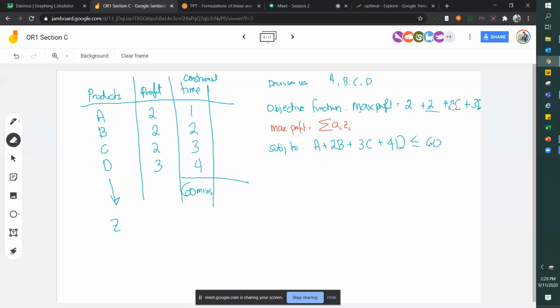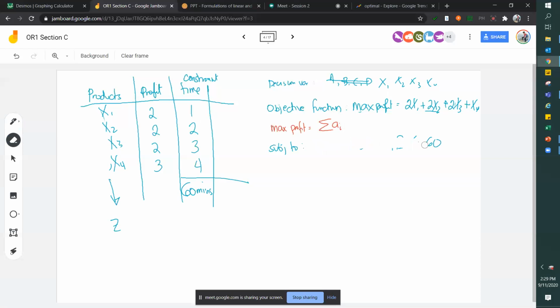Palitan ko lang na letter ha. Then just to simplify na lang para madaling i-represent. Papalitan ko rin to. Para lang madali. X1, X2, X3, and X4. So pwede na lang natin siyang mailagay.